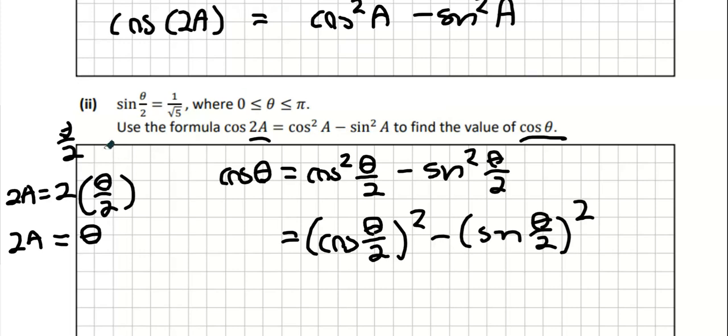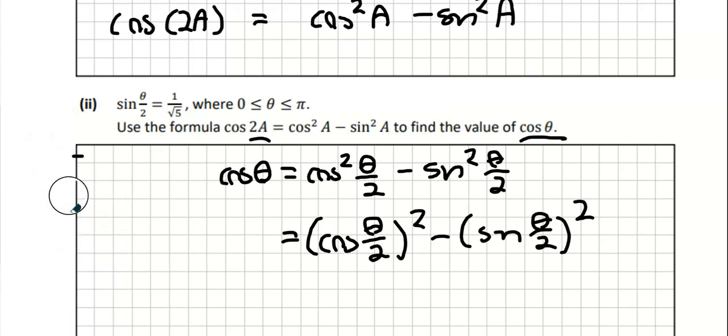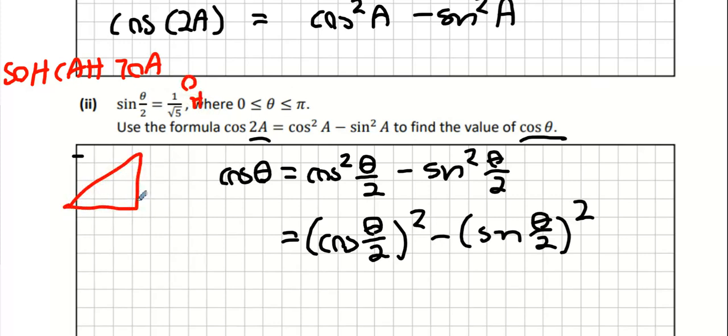And the right angle triangle, we have sine, and using the rule SOHCAHTOA, we know that sine is opposite over hypotenuse. So we know that that's 1, and the hypotenuse is root 5. And we know that this is theta over 2.